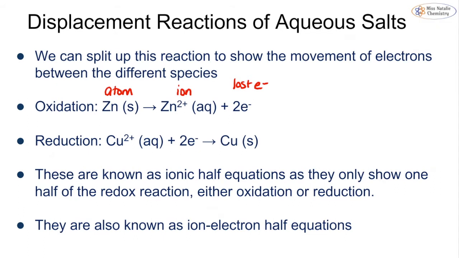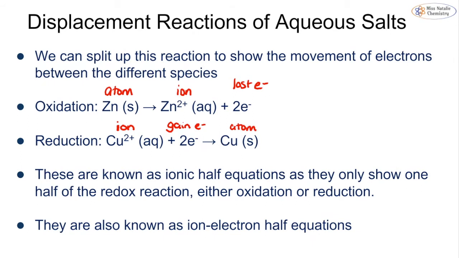So I get an equation that looks like this, where I've got the zinc metal giving you zinc ions plus 2 electrons. For a reduction reaction, we start with the ion. We then have to show the gained electrons, and then we form our atom.